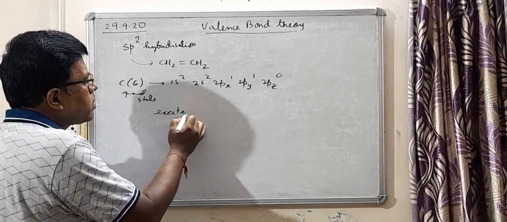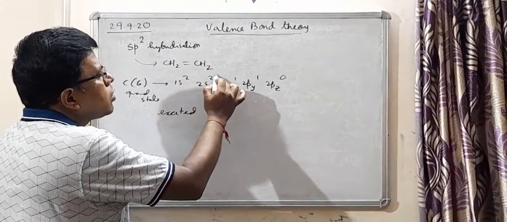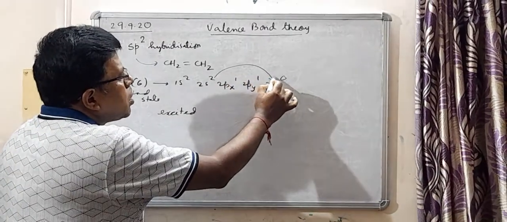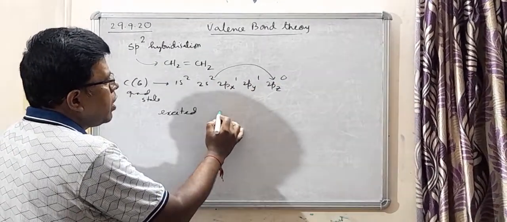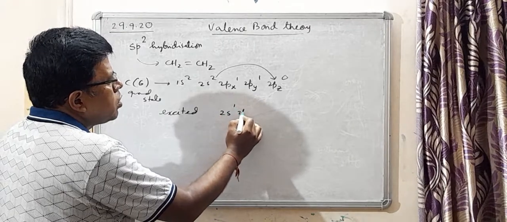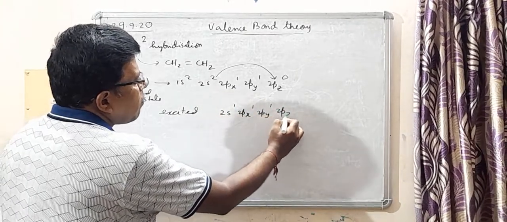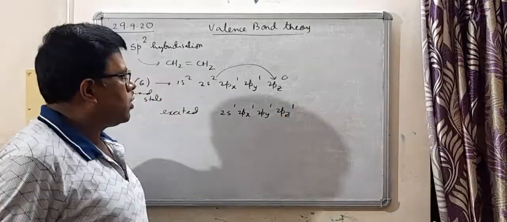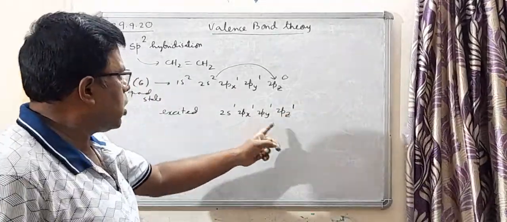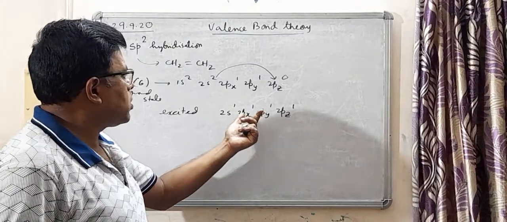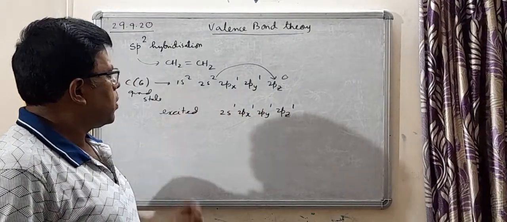In the excited state, this electron goes here. So we have 2s1, 2px1, 2py1, 2pz1. These are the outermost shell, and only these are required by us.